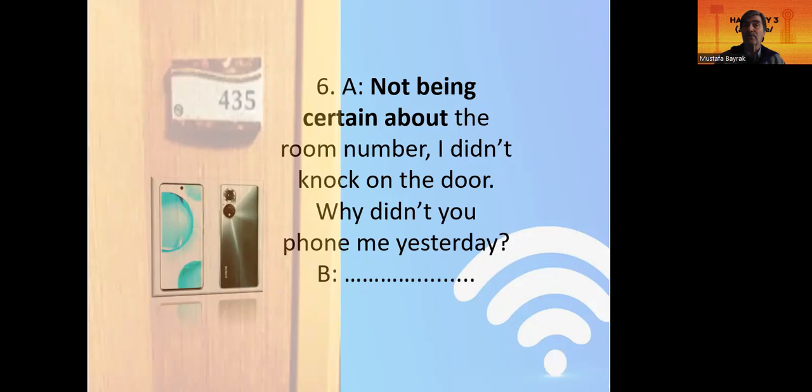This is another way of giving the same message. So instead of this, what do we say? Not being certain about the room number, I didn't knock on the door. Edward, why didn't you phone me yesterday? Not knowing your phone number, I didn't phone you yesterday. Not knowing.